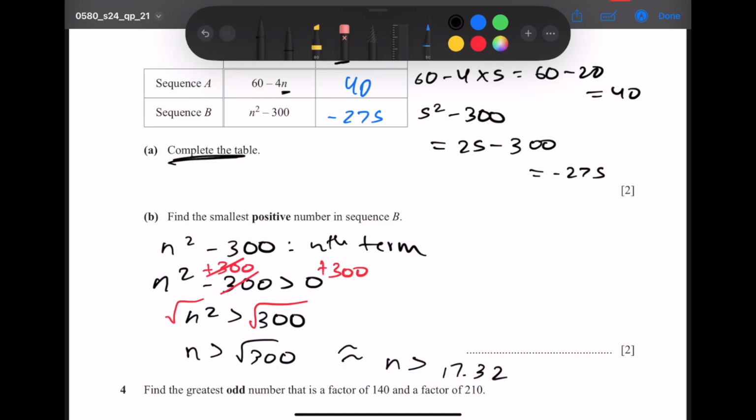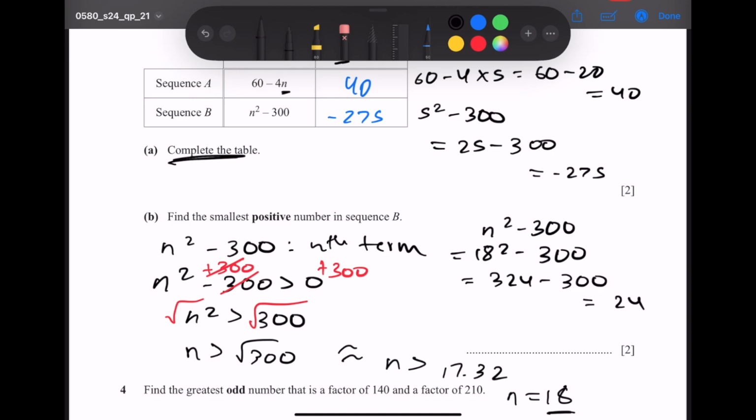And since n is an integer, the smallest n value that satisfies this inequality is n equal to 18, since 18 is bigger than 17.32 and it's the smallest possible n value. So if we sub the value 18 into n squared minus 300, this is equal to 18 squared minus 300, which is 324 minus 300, which is equal to 24.